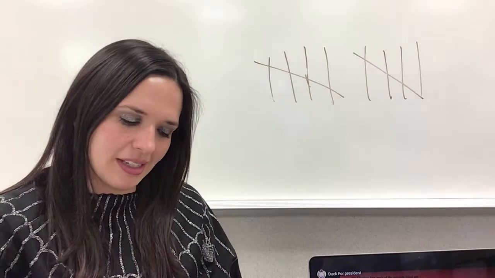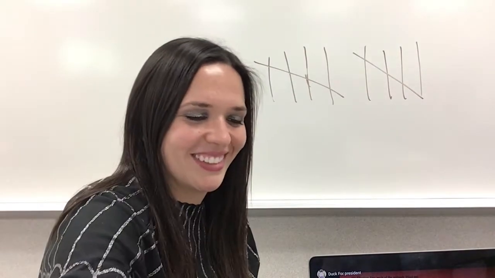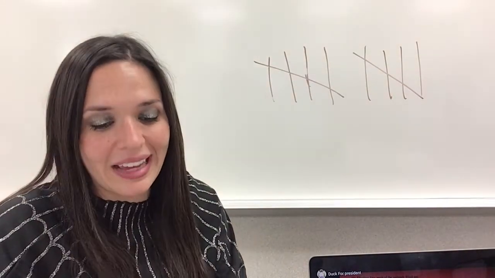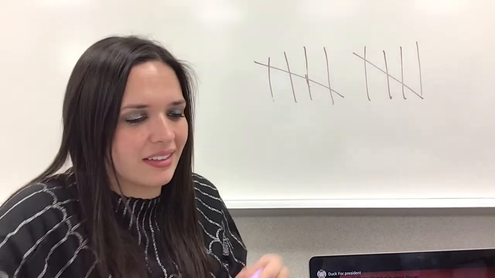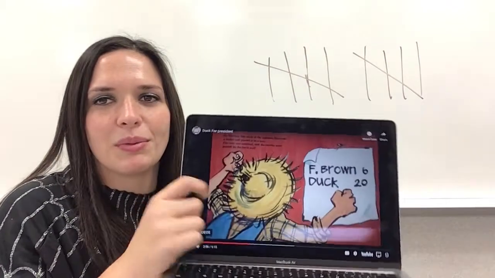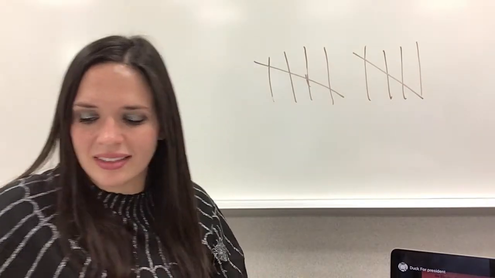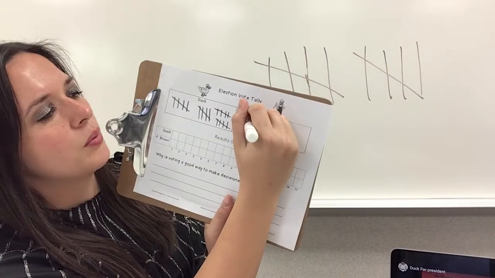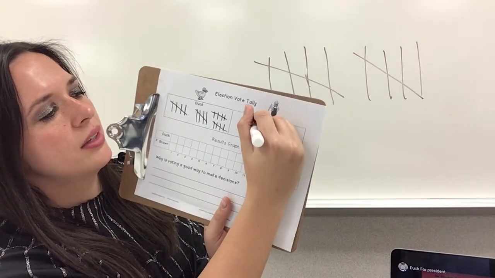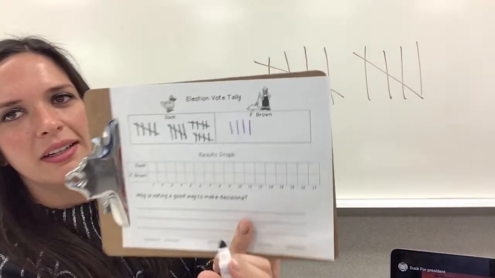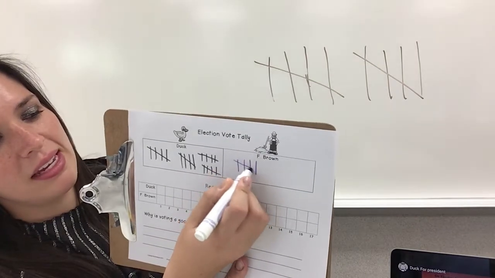Now, here's where I mixed it up. So Duck had 20 and Farmer Brown had 6. So let's take a look at Farmer Brown. So he's got 6 up here. So we are going to draw 6 tally marks. So he's got 1, 2, 3, 4. My fifth one's going to make the gate.